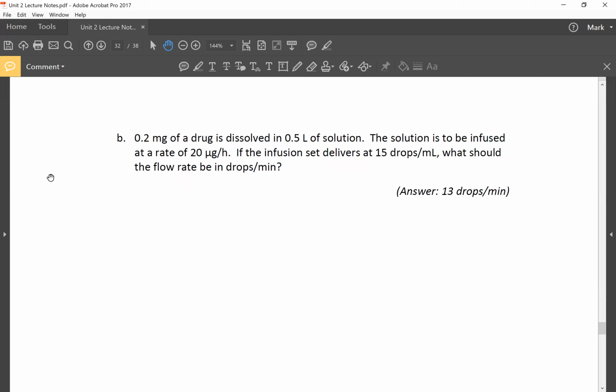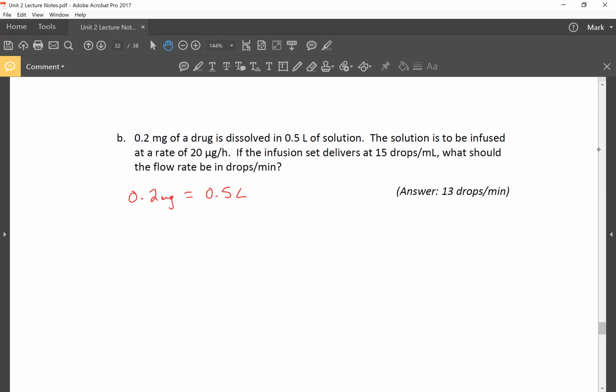Question B. 0.2 milligrams of a drug is dissolved in 0.5 liters of solution. That's my concentration. So I know that in 0.5 liters of this solution, we have 0.2 milligrams.